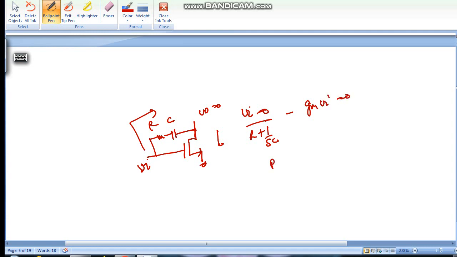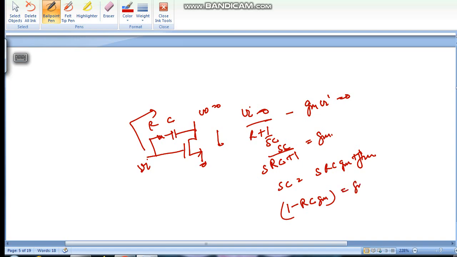So this will be (SRC plus 1) divided by SC equals GM, SRC GM plus 1 plus GM. So 1 minus RC GM equals GM.